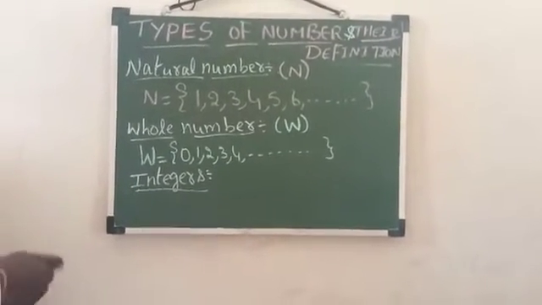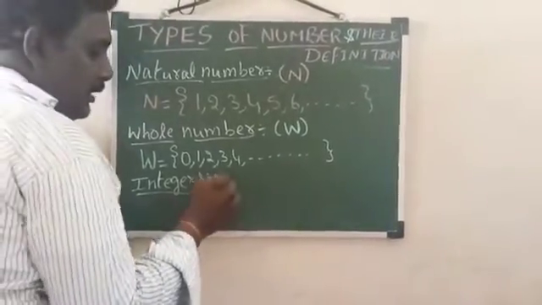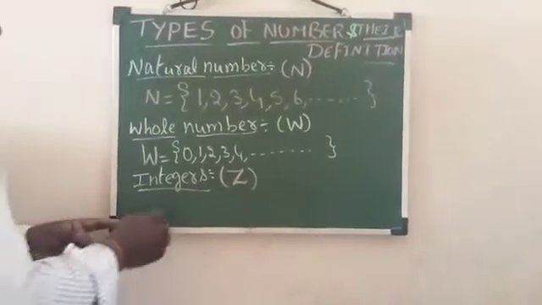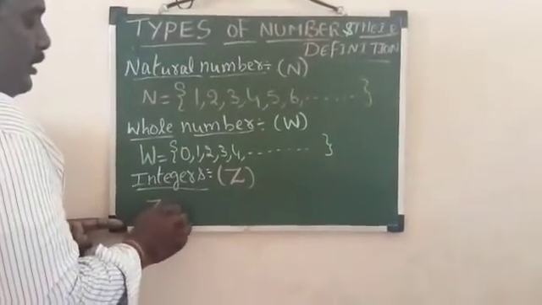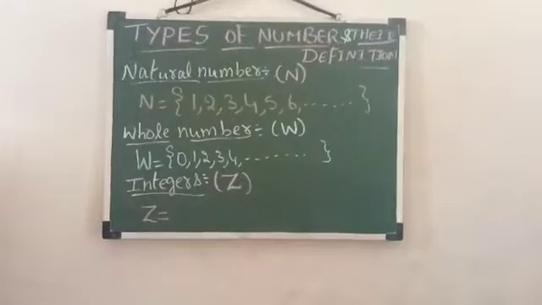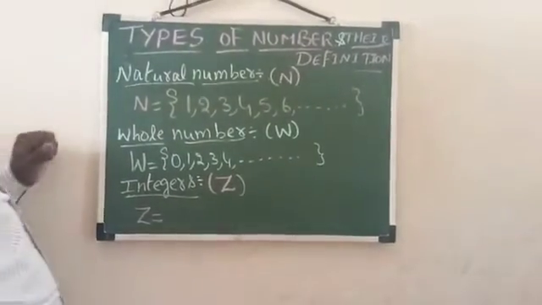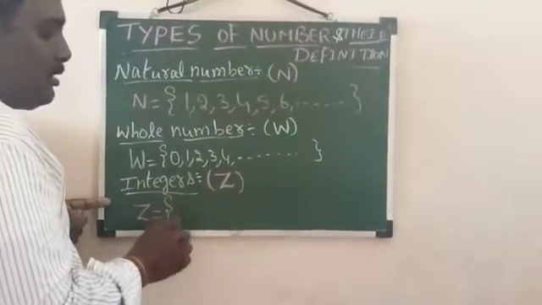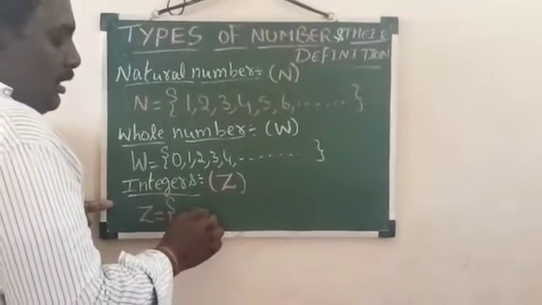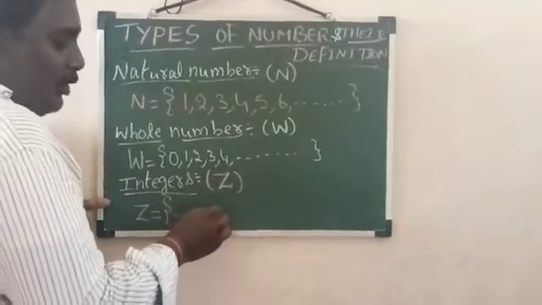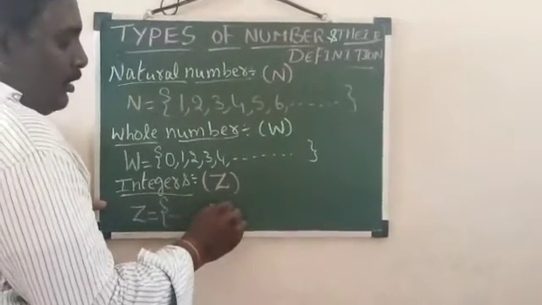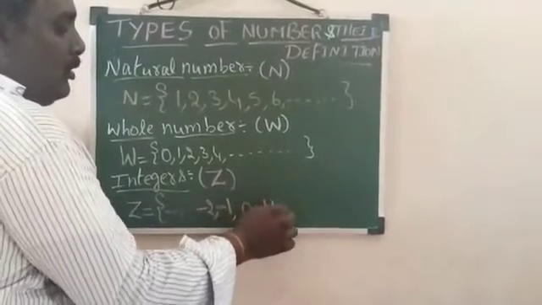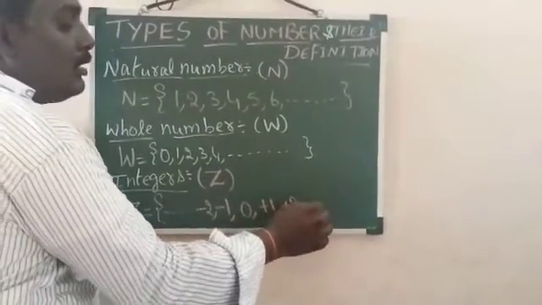Next, the third one is none other than integers. Integers are denoted by Z. Z is another type of number which includes negative numbers and positive numbers including 0. That means integers are numbers which have negative numbers as well as positive numbers including 0.